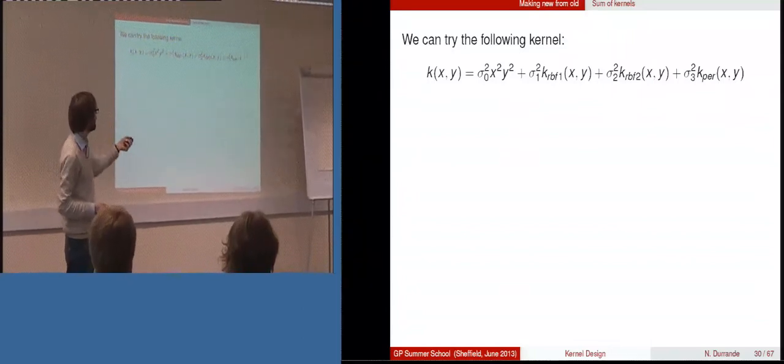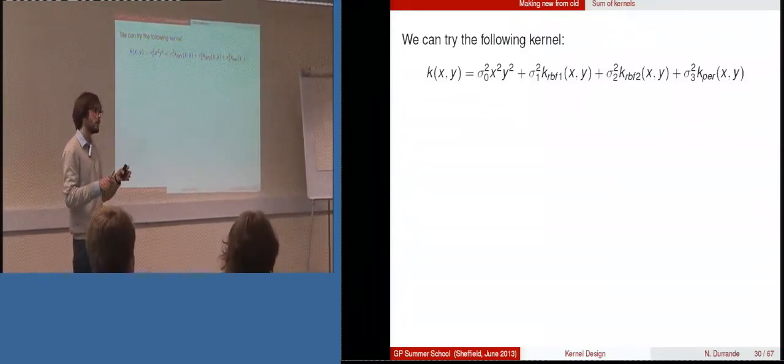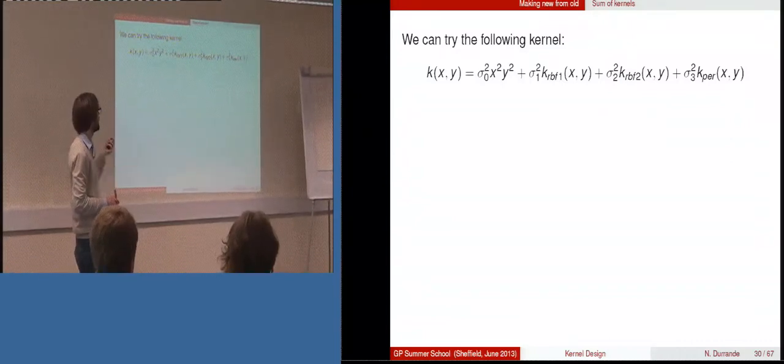But if you start with a very, very large number of kernels, and if you make this sparsity assumption on the variances here, you will end up with a model that will do some automatic relevance determination, and that will select only the components you are interested in, but then it becomes quite heavy to optimize.